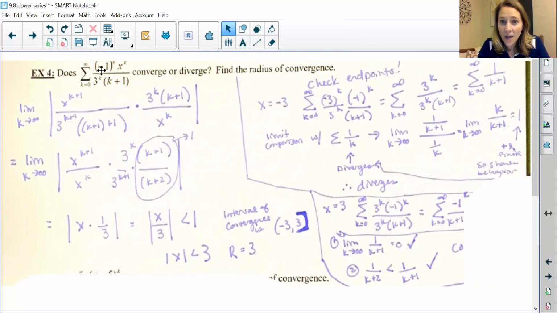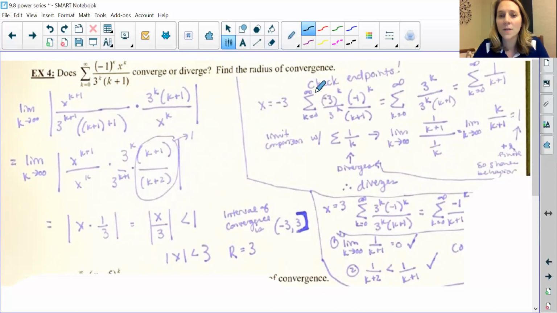Well, when I plug -3 into our original series, let's see what happens. So we plug -3 in here, and that's really the only x value. And so then that turns into, well, since I have a -3 to the k times a -1 to the k, I can write that as -3 times -1 all to the k.